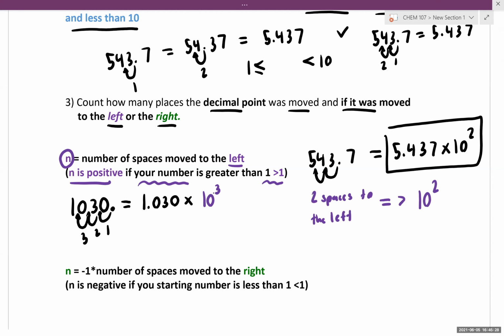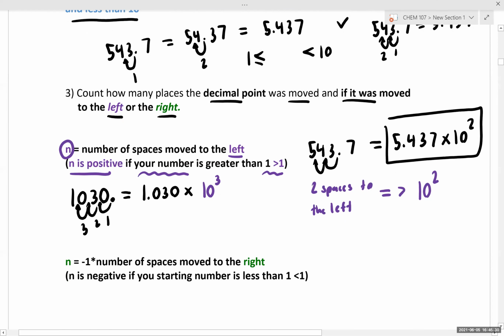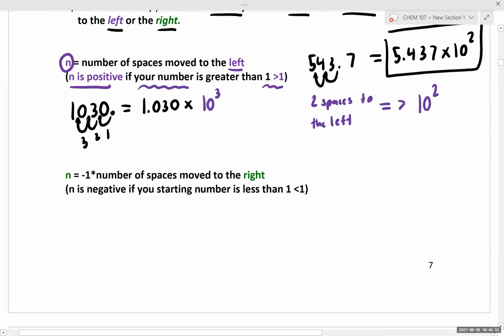Let's look at an example where we have a negative exponent. And we'll do 2 of those. Suppose we have the number 0.00567. And if we wanted to convert this into scientific notation, our first order of business is to get a number between 1 and 10. So to do that, we're going to move our decimal point to the right. 1, 2.